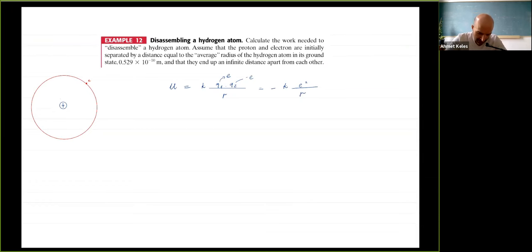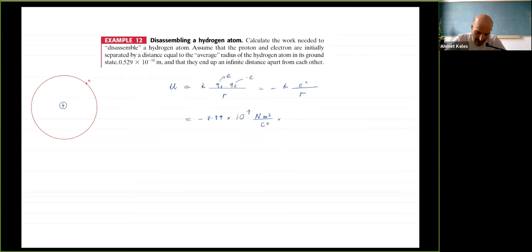Now let's calculate this. K is 8.99 times 10 to the 9, maybe I ask again so that you learn what K is, Newton meter squared divided by coulomb squared.